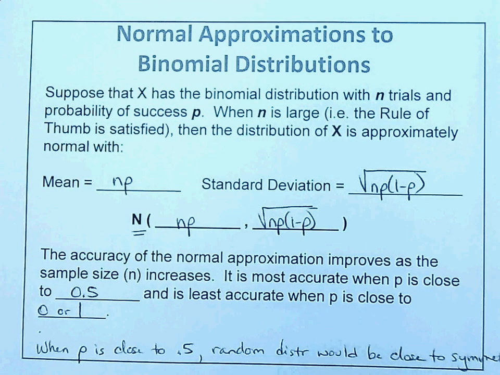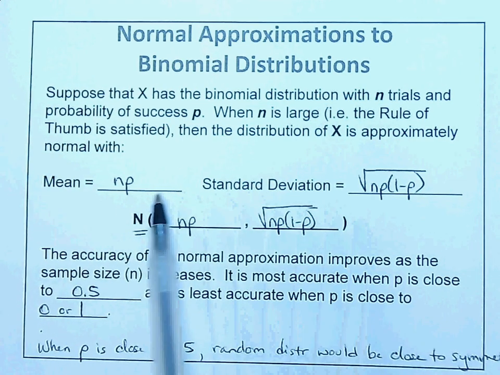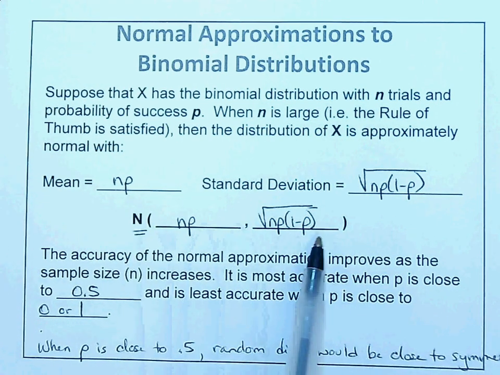and the standard deviation, so that when we talk about a normal distribution, we always give it this, our standard notation, that we would have the mean and the standard deviation.